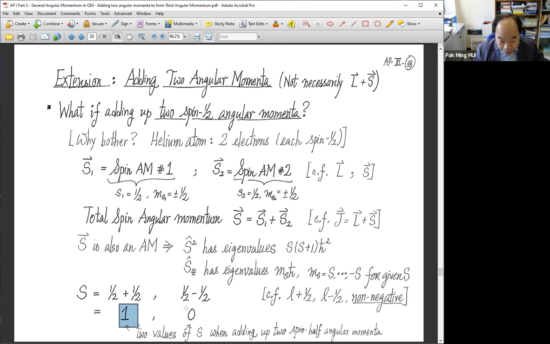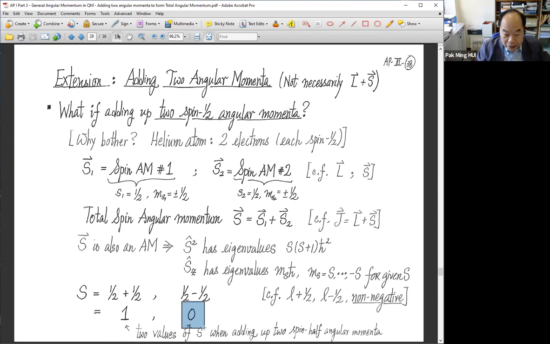The other possibility has S equals 0, basically meaning the two spin-half vectors cancel. One goes in this cone, one goes in that cone. However, they always point in the opposite way in this vector model idea, so they cancel. So S is 0, no length, and therefore the Z component can only have one thing, nothing, so 0.